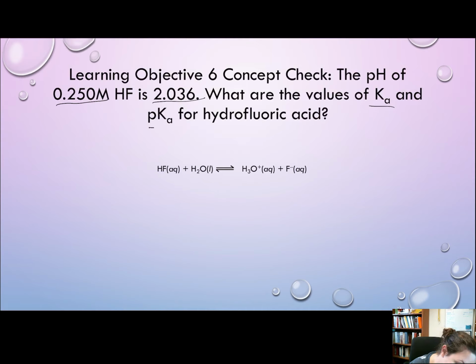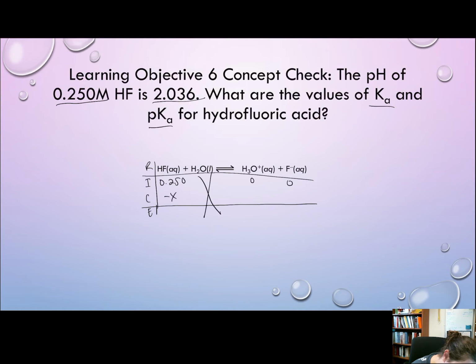So first, let's construct our rice table. So we start out with 0.25 molar here, and 0, 0, minus x plus x plus x. This gives us 0.250 minus x, x and x. Now we're going to solve for our hydronium concentration by taking our pH.